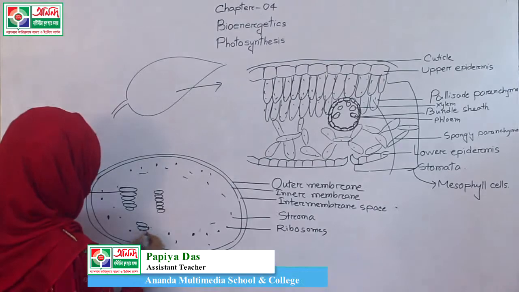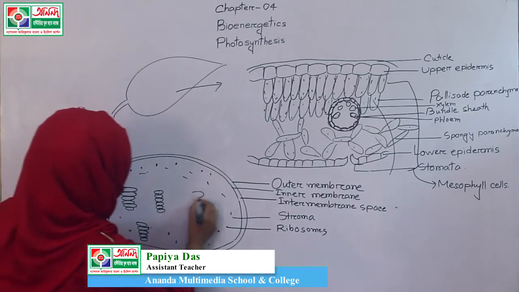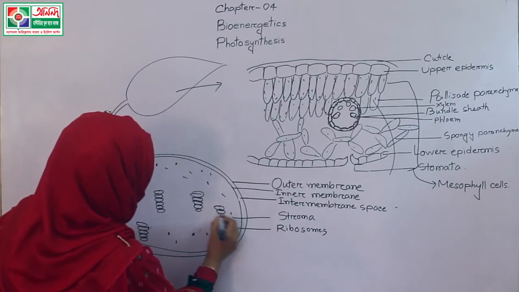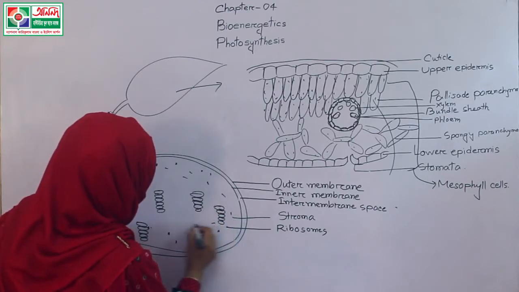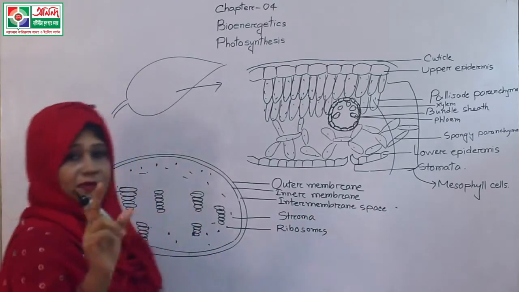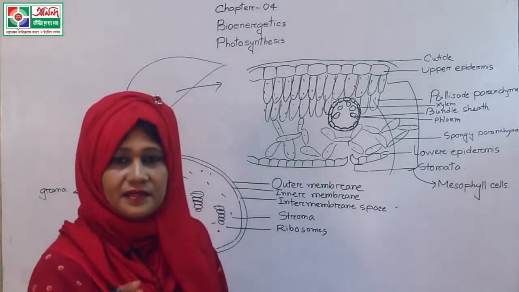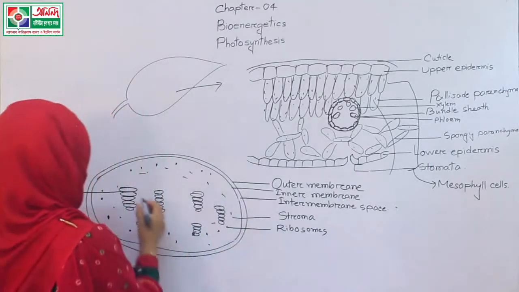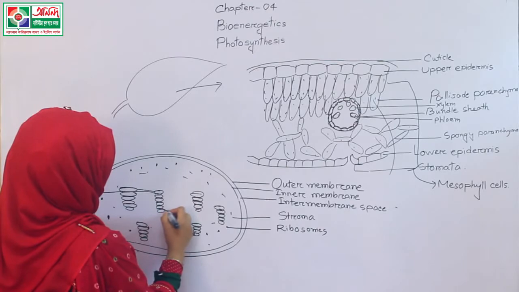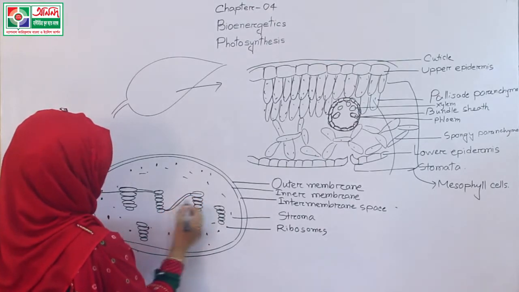These are also some membranes. These membranes are made up of lipid and protein. The membranes or grana are interconnected with each other by a connecting membrane. This is also a membrane.